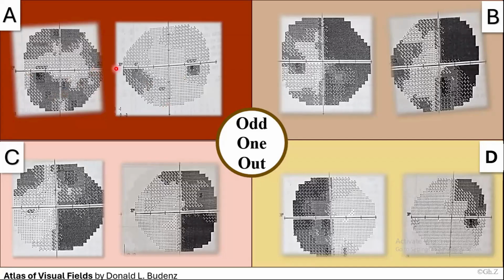But there must be something called a nasal step. The other options, B, C, and D, do respect the vertical meridian. Of course, we don't see the whole printout, and we could give a better idea about the field if we saw it. B and C show homonymous hemianopia, while D shows incomplete bitemporal hemianopia.